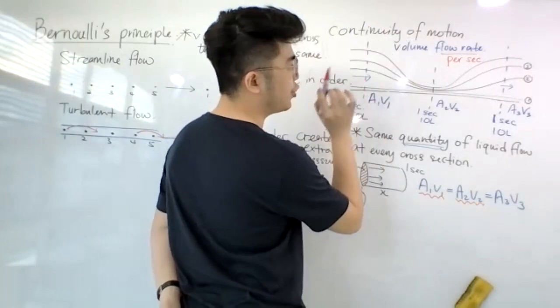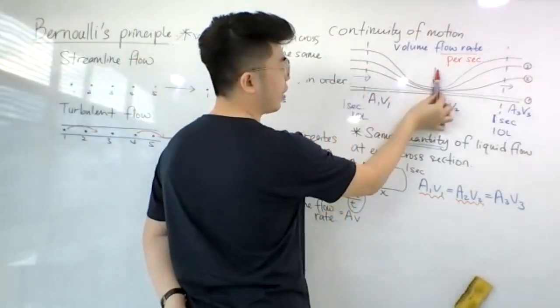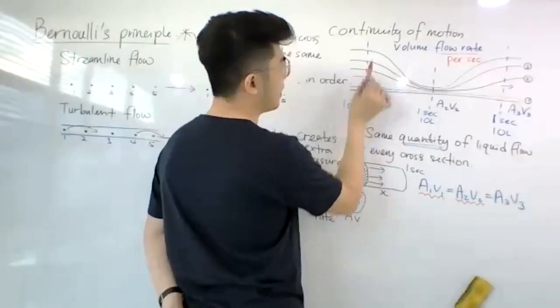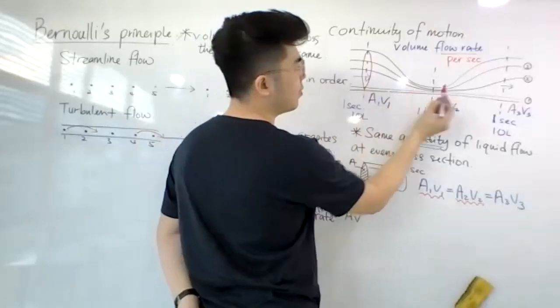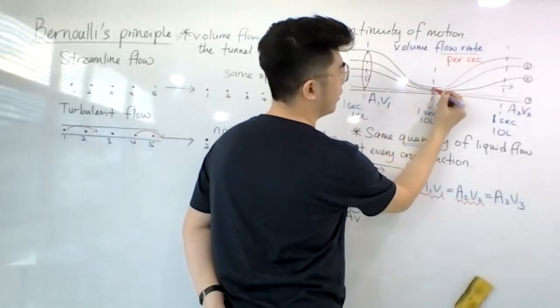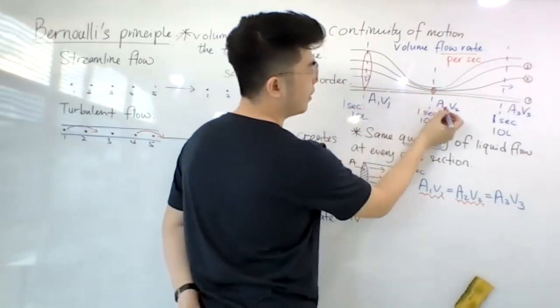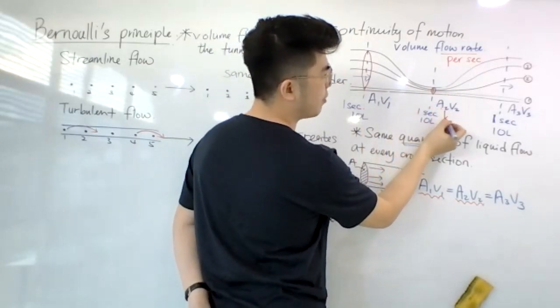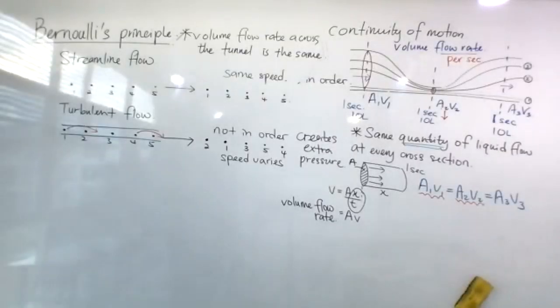So if we compare two positions, here and here, this one has a bigger area and this one has a smaller area. Since these two have to be the same, if area number 2 is smaller, what does it mean in terms of the velocity?